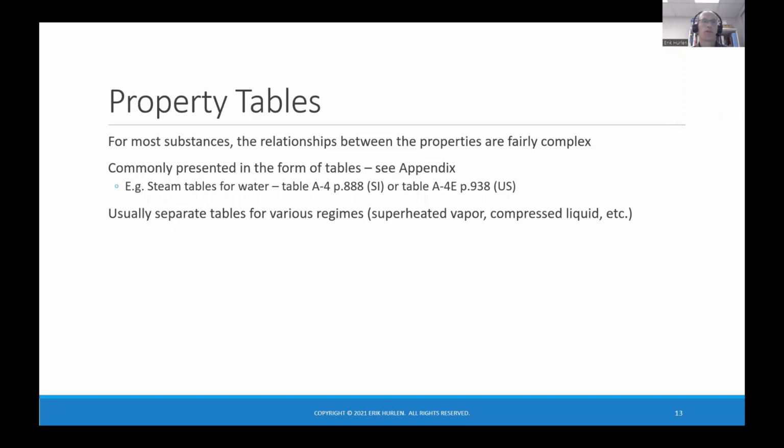Some of the ones we will be using quite a bit in this class include table A4 on page 888 of the textbook for SI units, or table A4E on page 938 for US units. These usually have separate tables for the various phases. For example, A4 and A5 are for saturated water, while A6 is for superheated water vapor, and A7 is for compressed liquid water. These are the property tables posted on the Canvas course website.